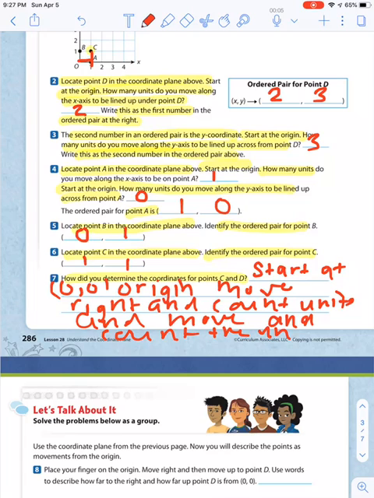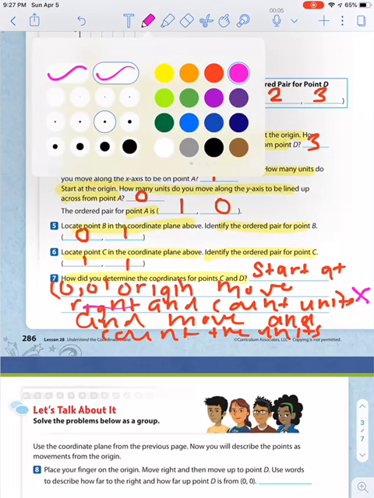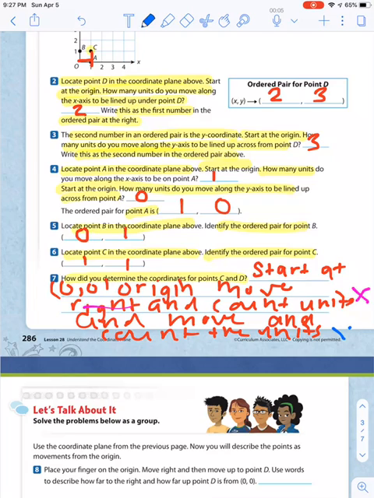I think something that would make this even stronger is if we said count units on the x-axis. Maybe I'll put that in a different color so you guys know, when we move to the right. And then whenever we move up, let's not use the same color. I like blue. And then that would be along the y-axis whenever we would move up.